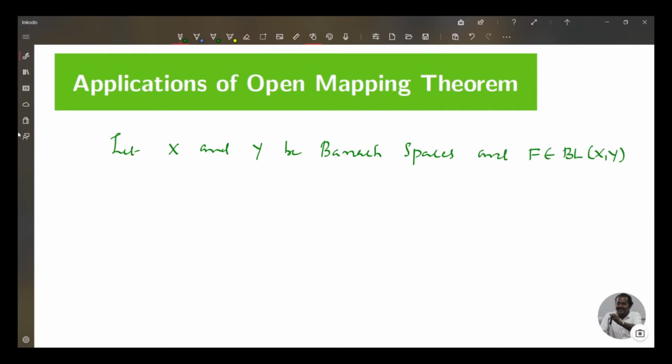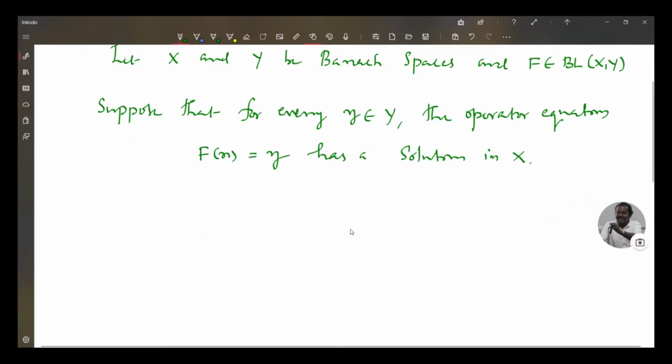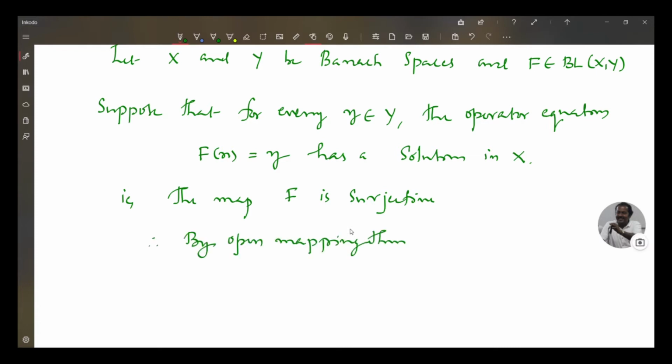Suppose that for every y in Y, the operator equation f(x) = y has a solution in X. That is, the map f is surjective. Therefore, by the open mapping theorem, f is open.